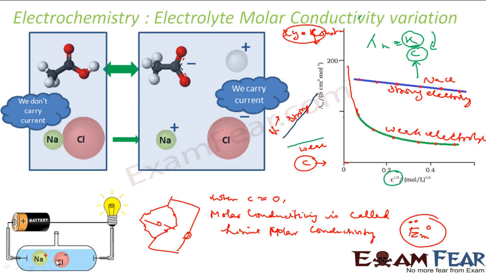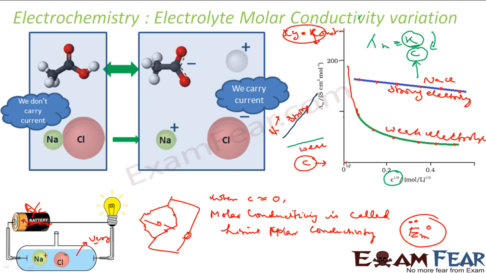Now, if I'm making it a very, very dilute solution, almost zero, then in that case, this whole electrolyte won't even conduct electricity. It will conduct at a very, very small level, right? The bulb will glow at a very, very minor level.